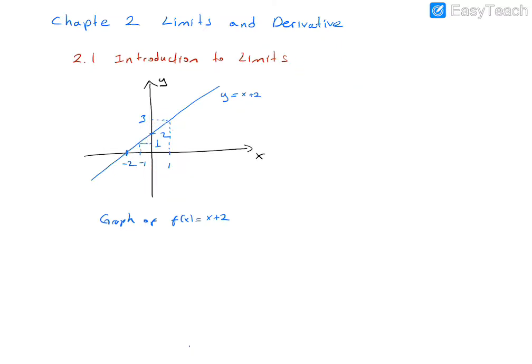So f of -1 is -1 plus 2, which is 1. f of 0 is 2. f of 1 is 3.